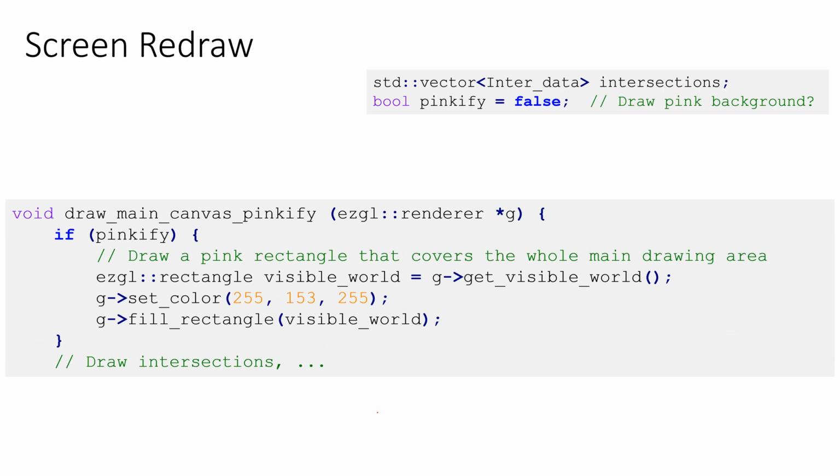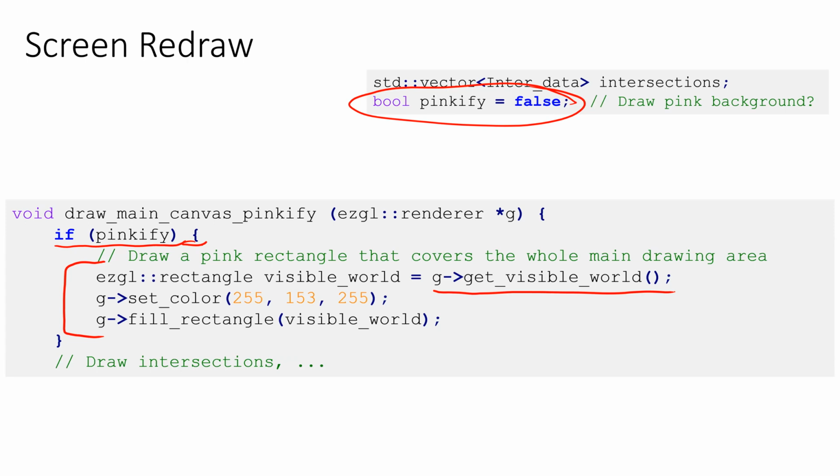In my screen, here I'm showing I've got this global variable, so I can remember if it should be pink or not. And then in my redraw function, I check, is this Pinkify set? If it is, I want to color the whole background pink. I can make this call to say how much of the world coordinate system is visible, so I can ask for a rectangle that is the whole canvas that's visible.